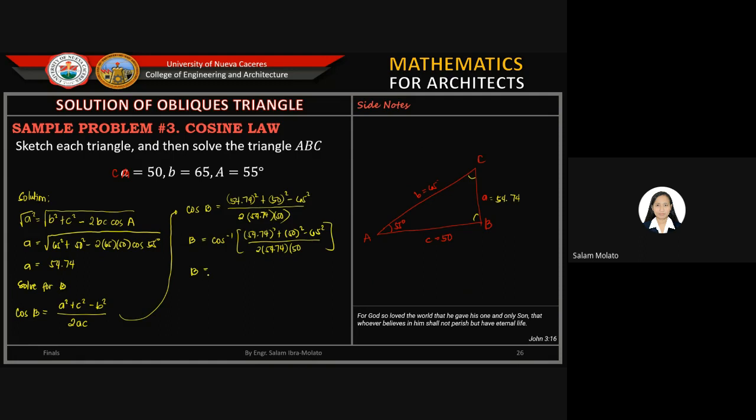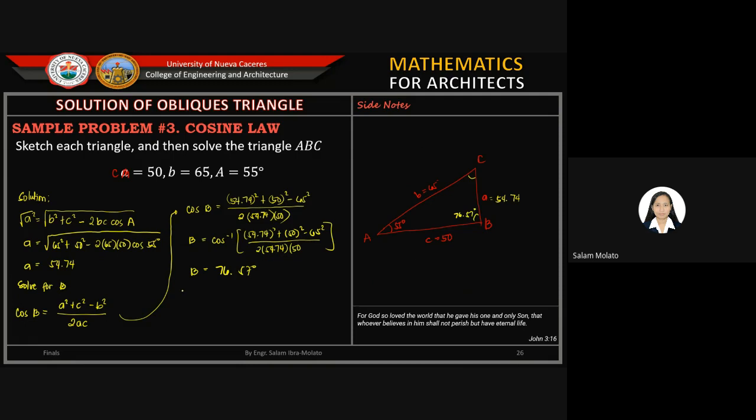Please compute it with your calculator again. It will give you 76.57 degrees. Right? Okay. That's the value of angle B.